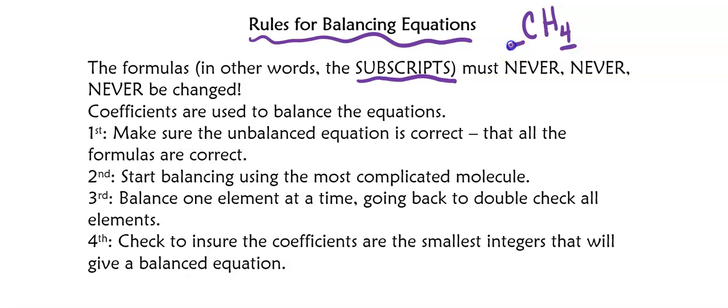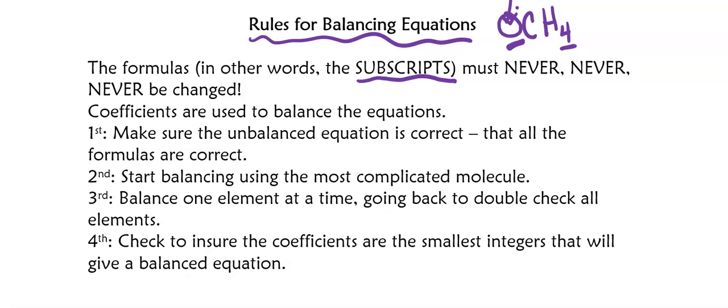You can only place a value in the coefficient area. So the first rule, make sure that the unbalanced equation is correct. You need to make sure that you wrote the formulas correctly. When I stress the importance of Unit 4, this is where I'm stressing it again. If you had any difficulties, you must keep practicing Unit 4 on writing the formulas and writing the names.